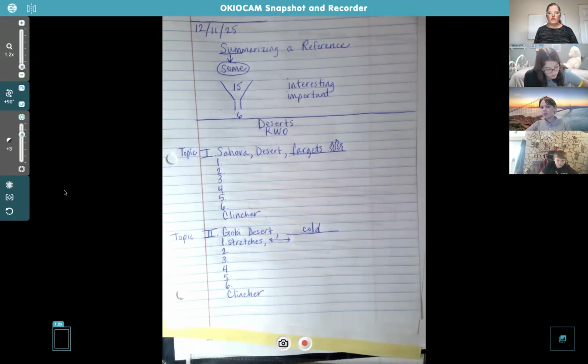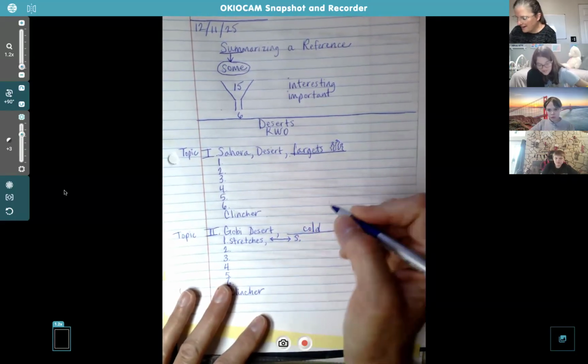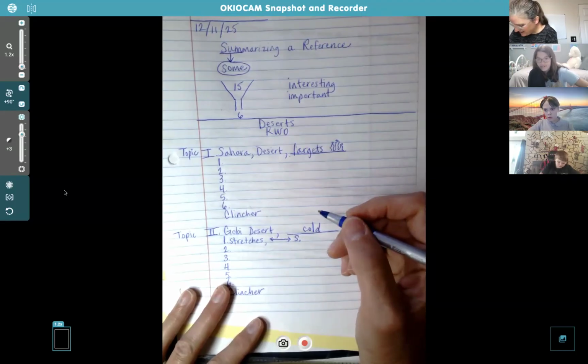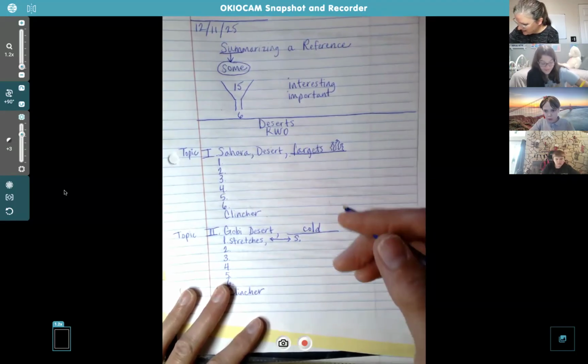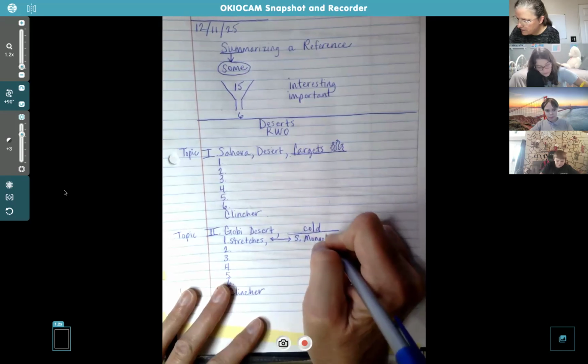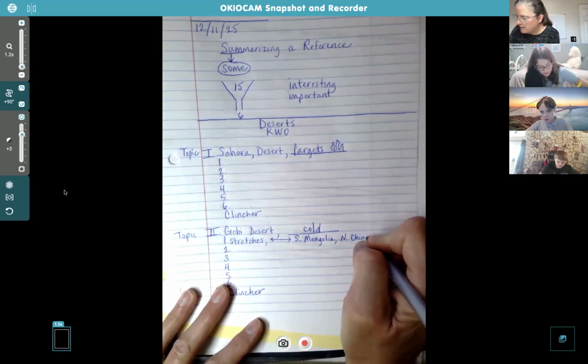I like your idea of a compass, but I'm not sure how to draw a compass. So if you know how to draw a compass, you can do that. For me, I'm going to use S for Southern, a lot easier. Well, S, Mongolia, and N, China.